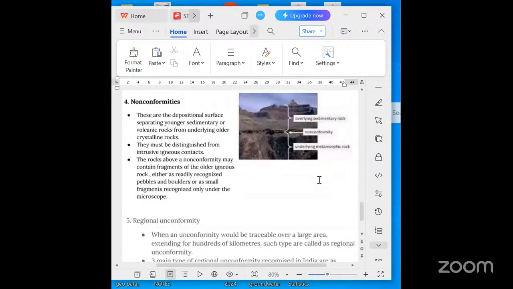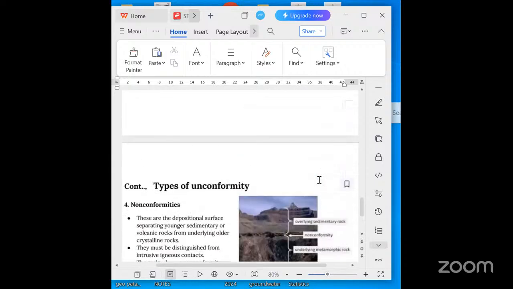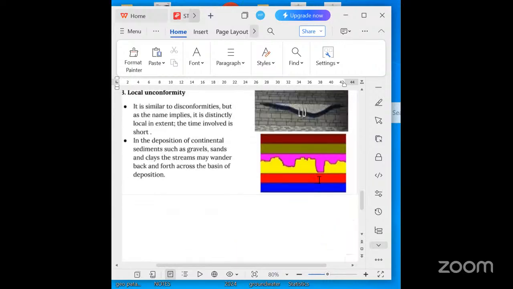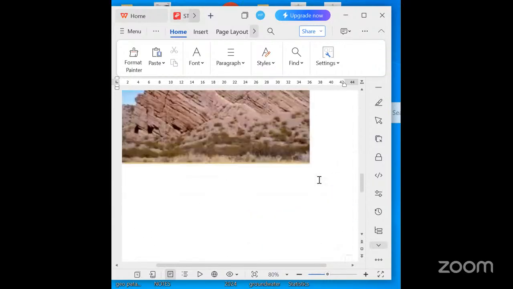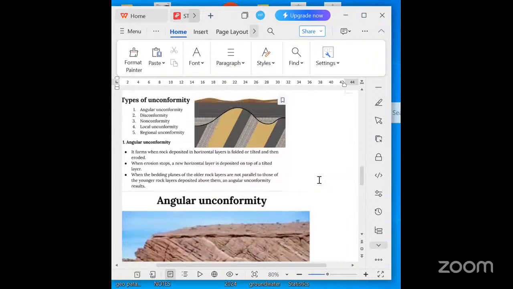An angular unconformity is easy to recognize because the beds on opposite sides are not parallel. You see here, the beds on opposite sides are not parallel, right?